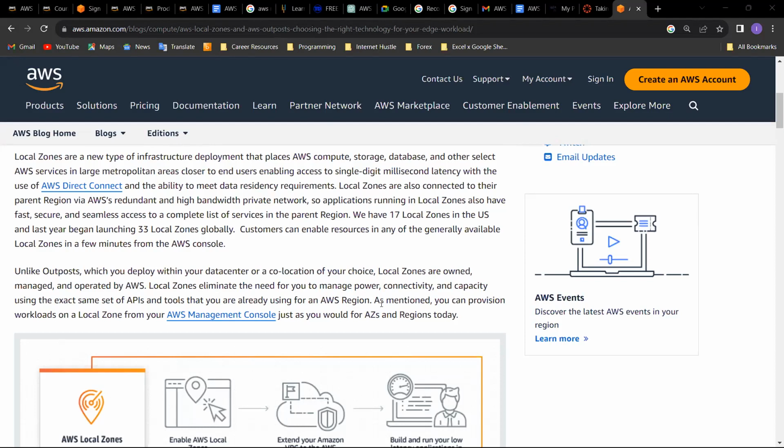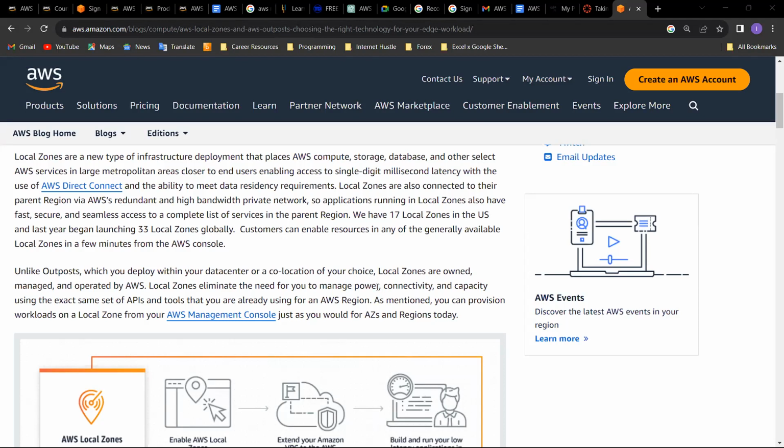So where exactly is the use case? For me, with the question, local zones are more geared towards applications, and Outpost is more or less infrastructure. In the question they were saying that the company is hosting an application that is slow, so they need a service that will help in content delivery.